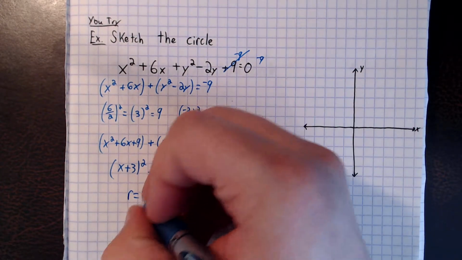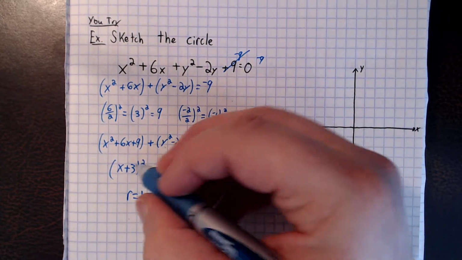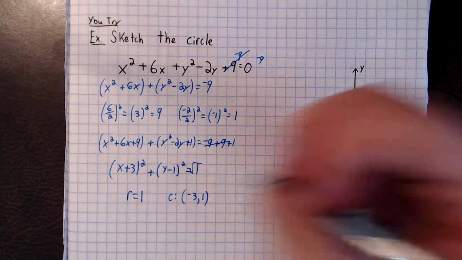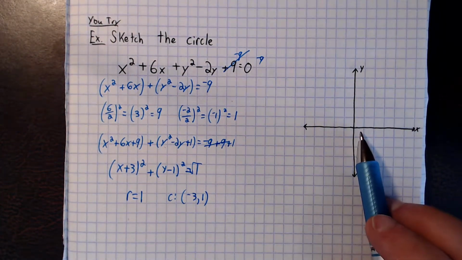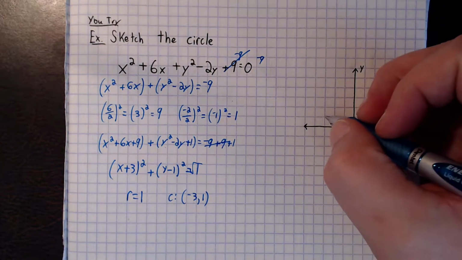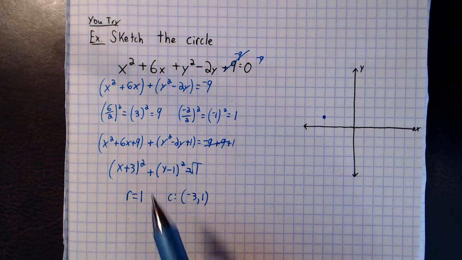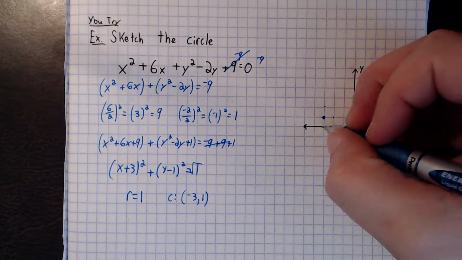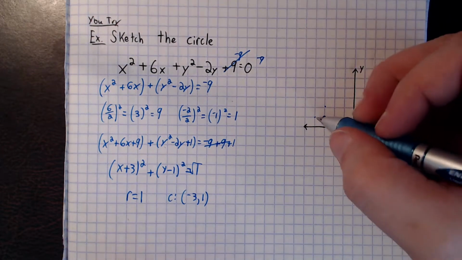That will give us 1 for r. Our center is going to be the opposite, so negative 3 and positive 1. So let's see in our graph over here, negative 3, positive 1. And our radius is 1, so we go out 1 in each direction from our center and draw in our circle.